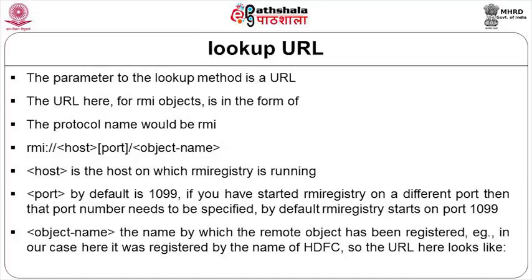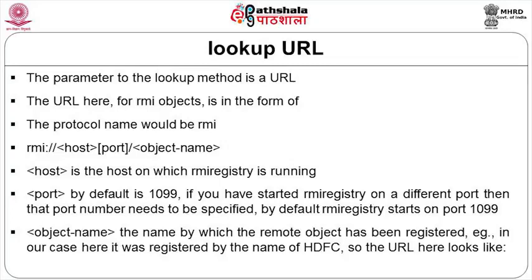For RMI objects, the URL is in the form of: the protocol name would be rmi://host, the host where the server is, where the remote object is available, the host machine to which RMI registry you are connecting basically. It's the same machine as the machine where we have the host. So rmi:// we have the host. Optionally, you can always use the port number. The default port number for RMI registry is 1099.